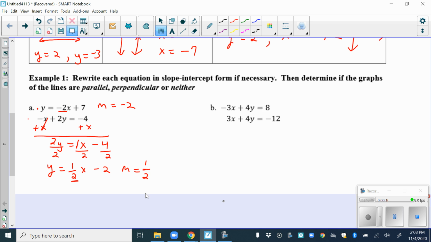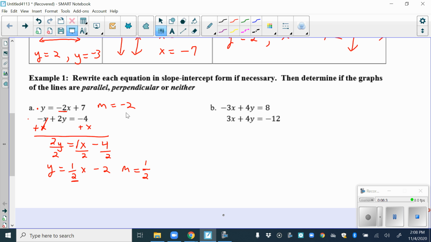All right, so do those two lines have the same slope? No, they do not. So they are not parallel. Are they perpendicular? Well, to be perpendicular, their slopes need to be opposite reciprocals, or you can check to see if they multiply to give you -1.